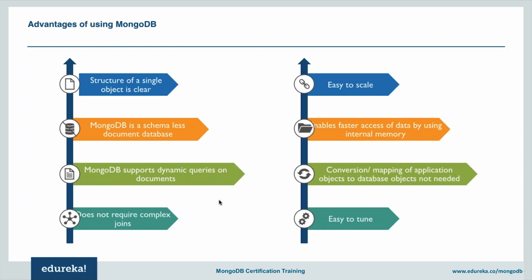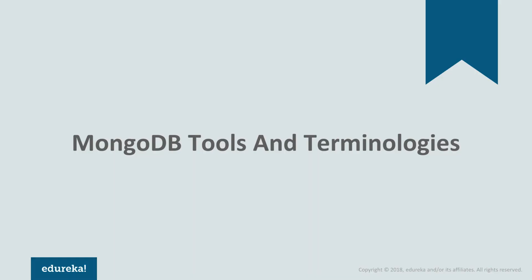Conversion or mapping of the actual objects to database objects is really not required, since we can always push the data into Mongo through the application layer, directly, without making a conversion to the data.